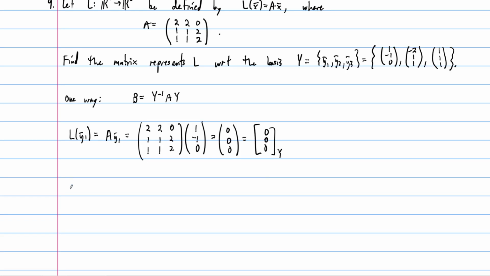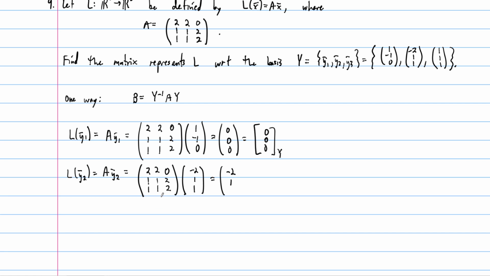So that's good. Now we apply the same reasoning to each of the other vectors. So A times y2: the matrix 2, 1, 1; 2, 1, 1; 0, 2, 2, applied to negative 2, 1, 1. And we just multiply. So this is going to be negative 4 plus 2, so that's negative 2. This one's going to be negative 2 plus 1 plus 2, that's 1.